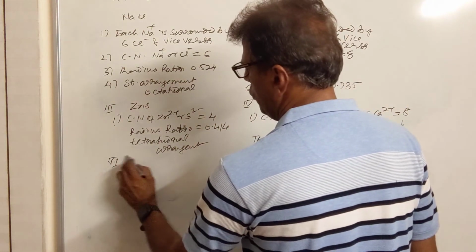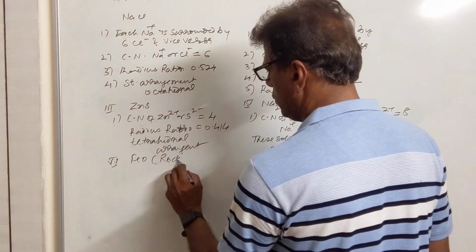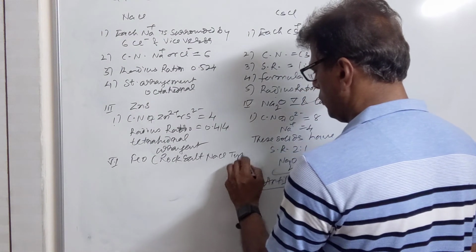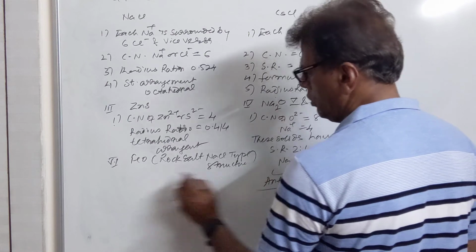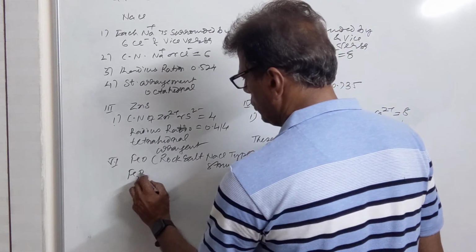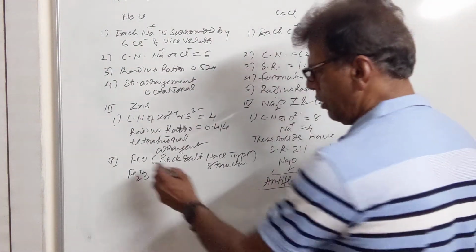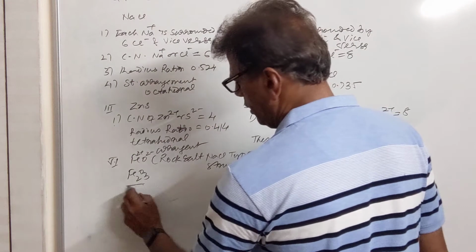सिक्स्थ में FeO, like rock salt structure. It has NaCl type of structure. उसी तरह का स्ट्रक्चर इसका होता है. अगर हम बात करें Fe2O3 की, if 2/3 of the Fe2+ ions are replaced by Fe3+ ions, we will get this.